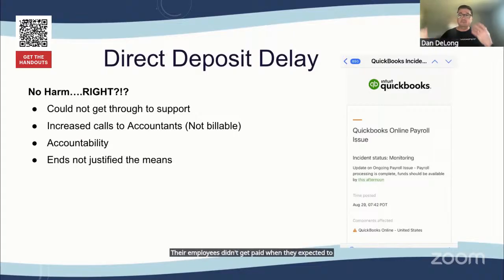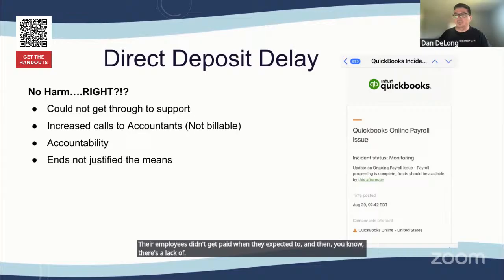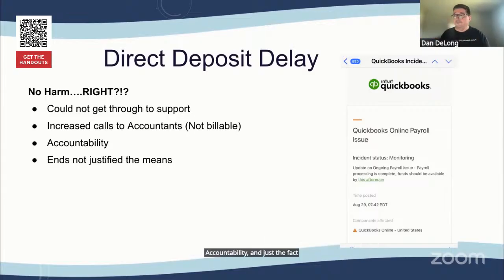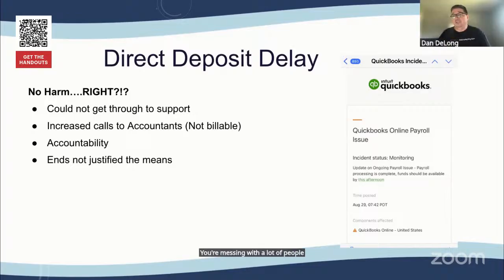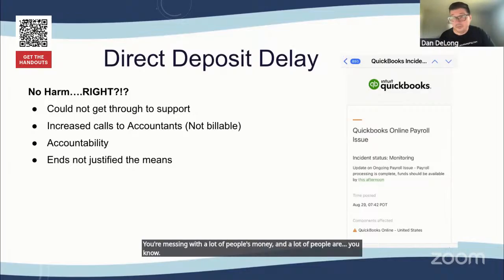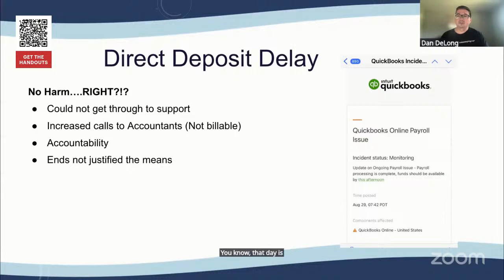And then there's a lack of accountability, and just the fact that the ends really didn't justify the means, as far as you're messing with a lot of people's money. And a lot of people are, my oldest included, living paycheck to paycheck. So that day is pretty harrowing.